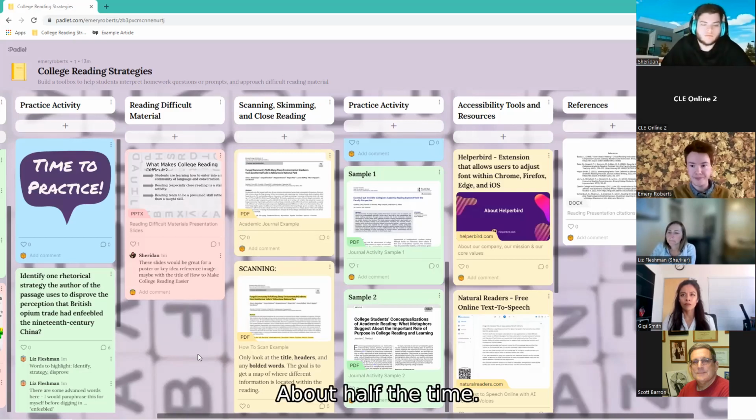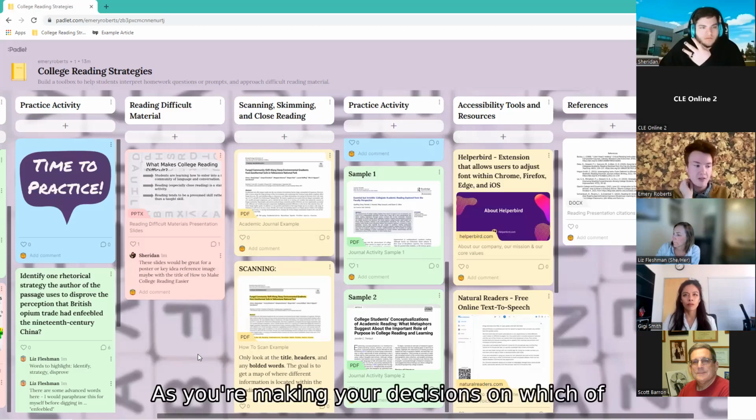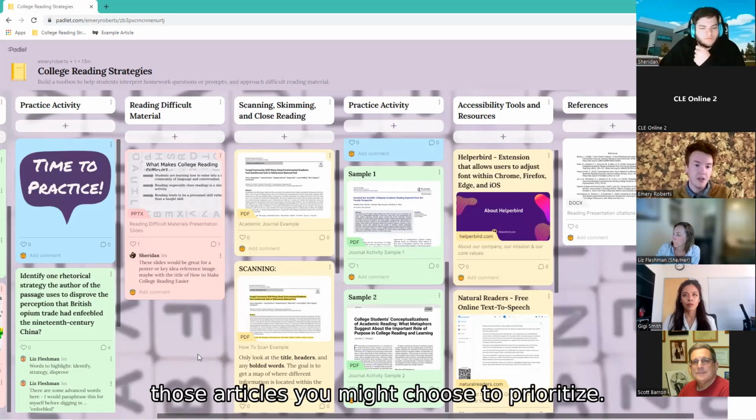Okay, that's about half the time. And as you're making your decisions on which of those articles you might choose to prioritize, you can hit like to vote on them.